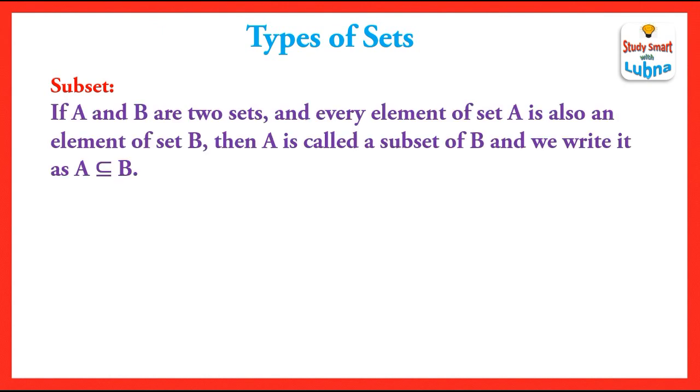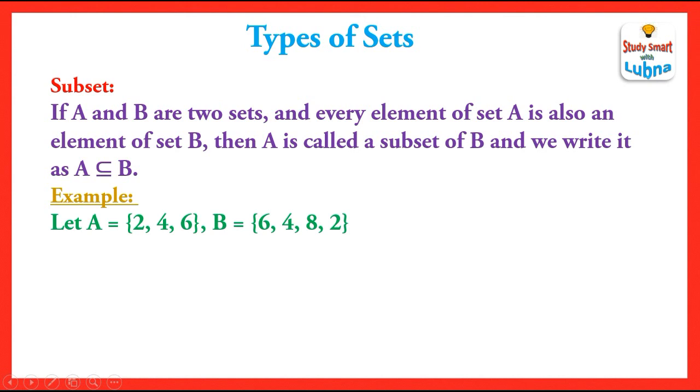Subset. If A and B are two sets and every element of set A is also an element of set B, then A is called a subset of B, and we write it as A is a subset of B. For example, here we have set A having 3 elements 2, 4, 6 and set B having 4 elements 6, 4, 8, 2.